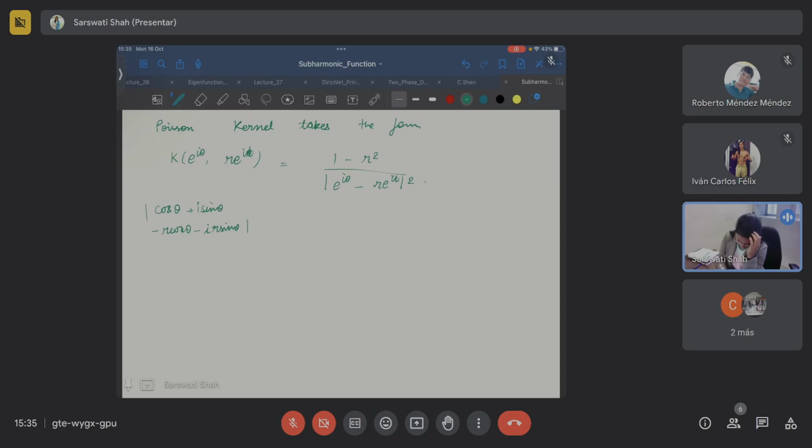The modulus of this is going to be the square root of cos theta minus r whole square plus sin theta minus r sin theta whole square, and when you make the proper arrangement it will come like 1 minus 2r cos theta plus r square.